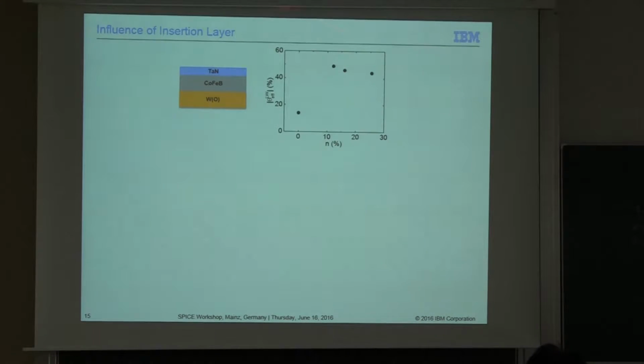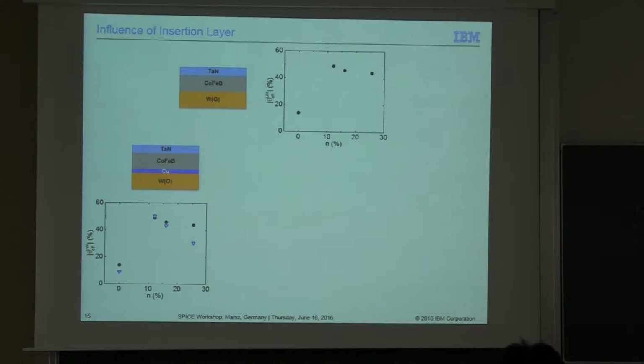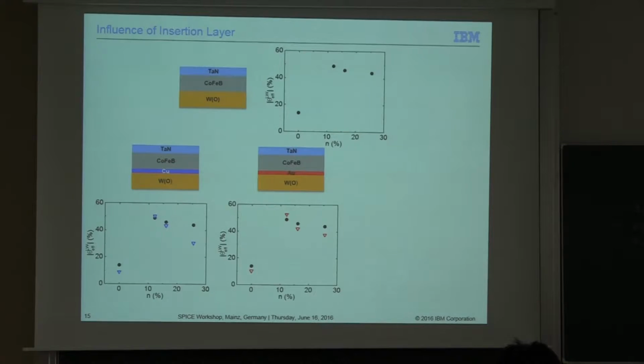So here is the spin Hall angle as a function of oxygen concentration. I took the absolute value of it so that it's a little more intuitive to see. Then I looked at the data with the copper insertion layer, and here's what I would calculate based on a bulk-like understanding of the spin Hall effect. I do the same thing for a gold insertion layer and a similar thing for a titanium insertion layer.